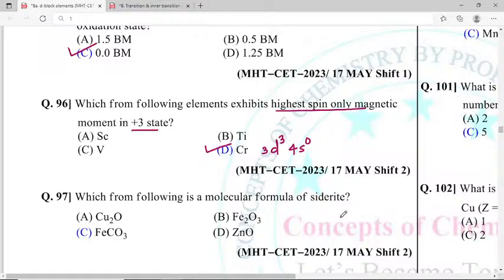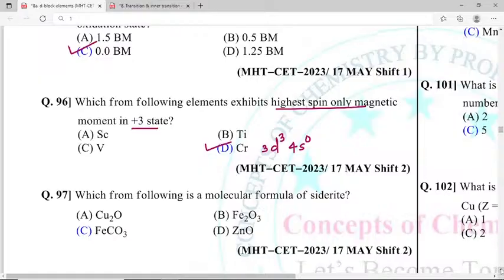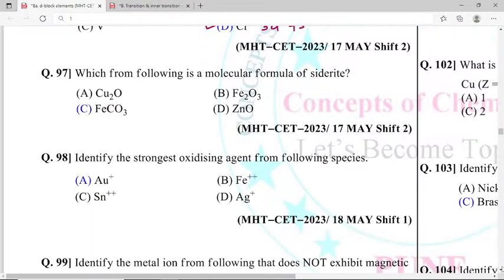Which of the following is the molecular formula of siderite? Siderite has the formula FeCO3, iron carbonate. This is an ore. Identify the strongest oxidizing agent from the following. Au, gold is the strongest oxidizing agent.